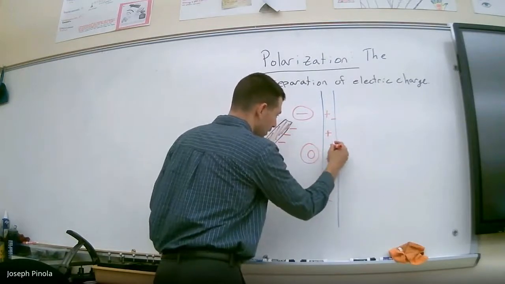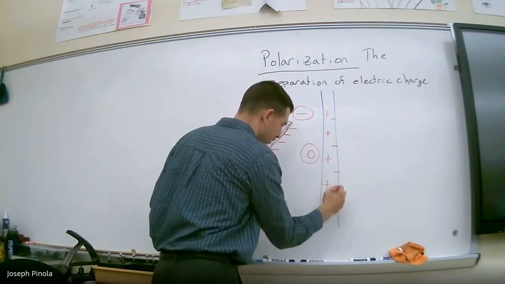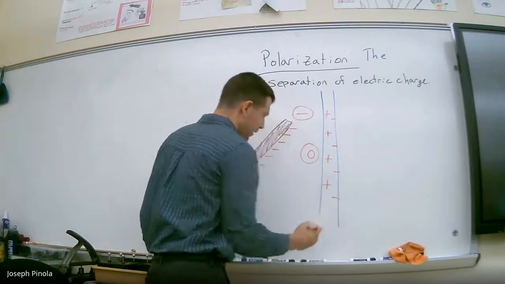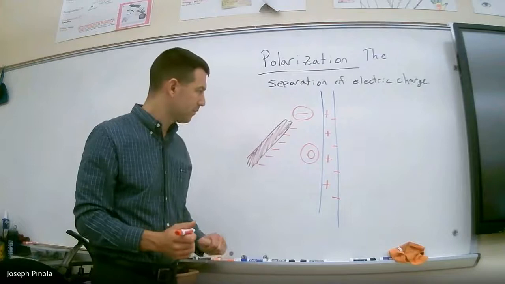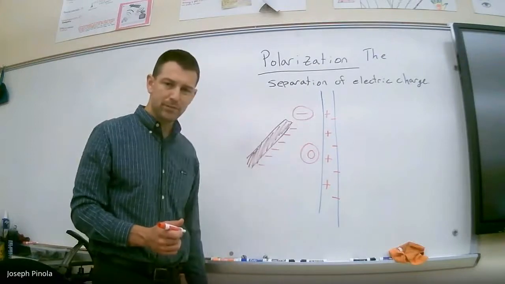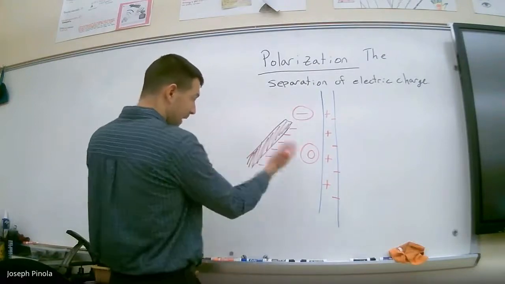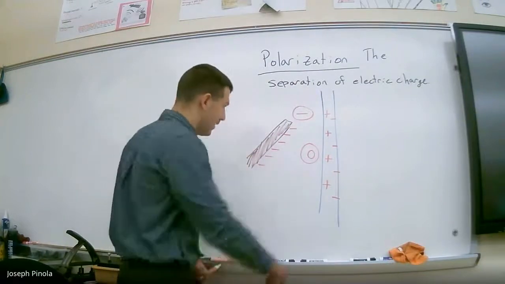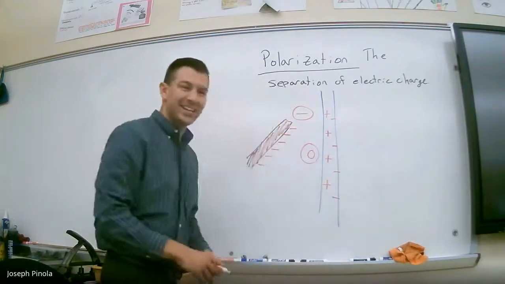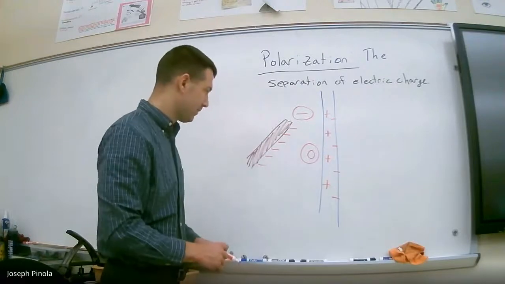They will go to the very edge of the water that is very far from the rubber rod. What's left? It looks like the left side of our stream of water is positively charged, and the right side of our stream of water is negatively charged.